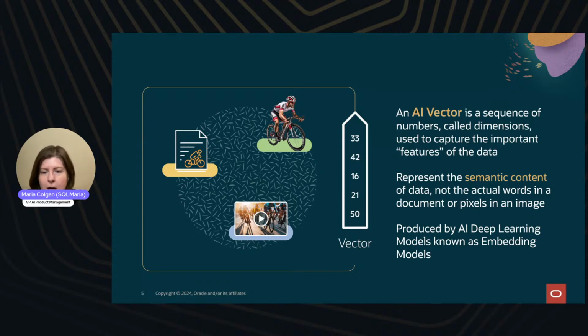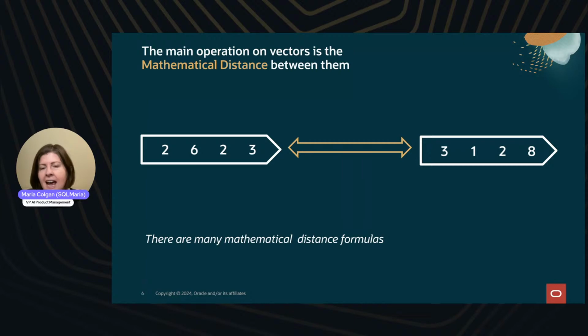Now, these arrays are built using AI deep learning models. They're called embedding models, but basically they're going to find all of these different attributes about the unstructured data and build these vectors. Once the vectors are built, how we find similar products, similar videos, similar documents is very simple. We're going to use a mathematical distance formula to measure the distance between these multi-dimensional arrays.